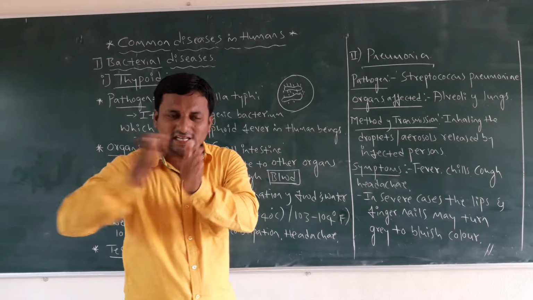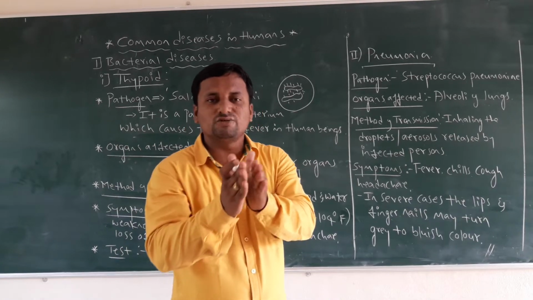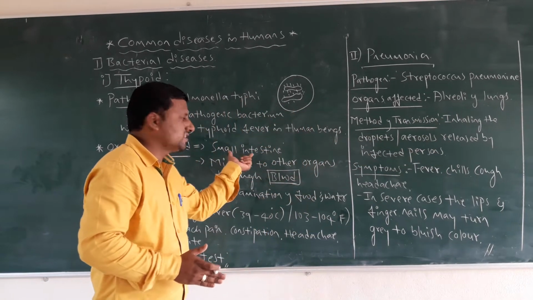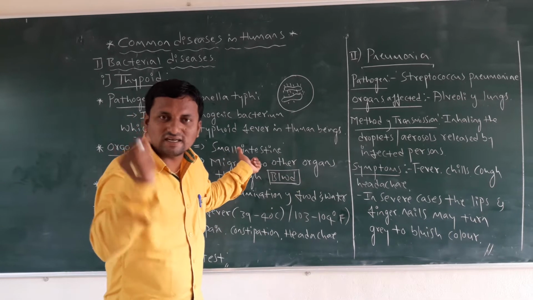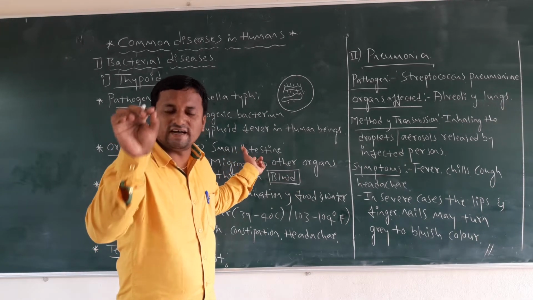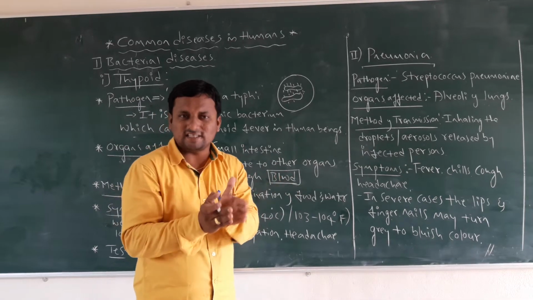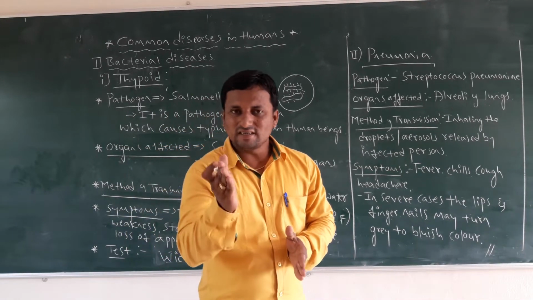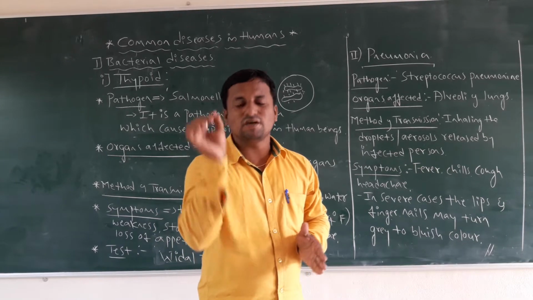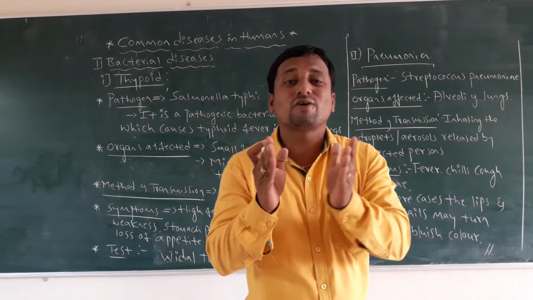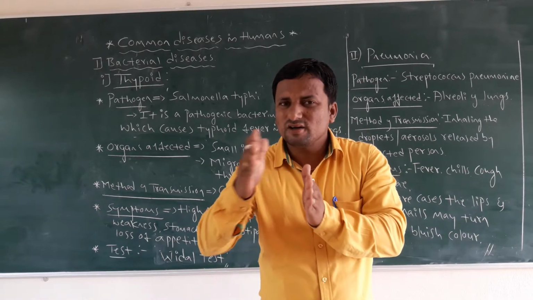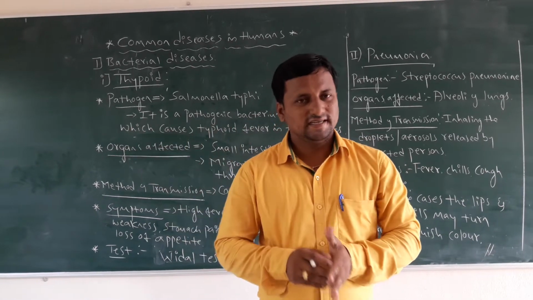Migrating means moving from one place to another. First it enters the small intestine through contaminated food and water. Unclean drinking water is more dangerous because it contains several microorganisms that cause different types of diseases.